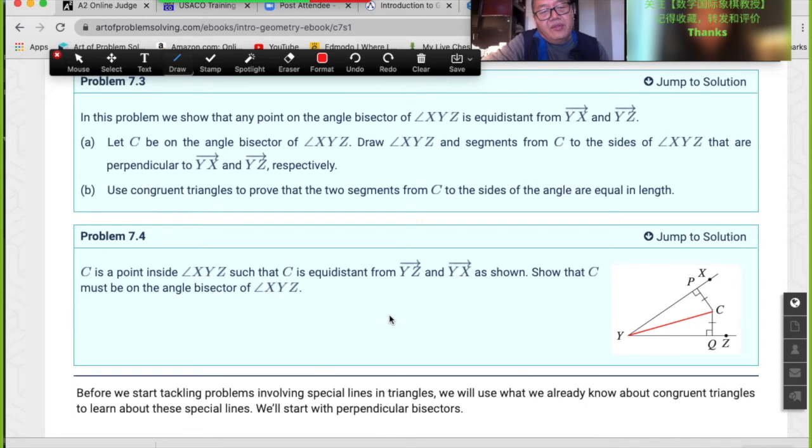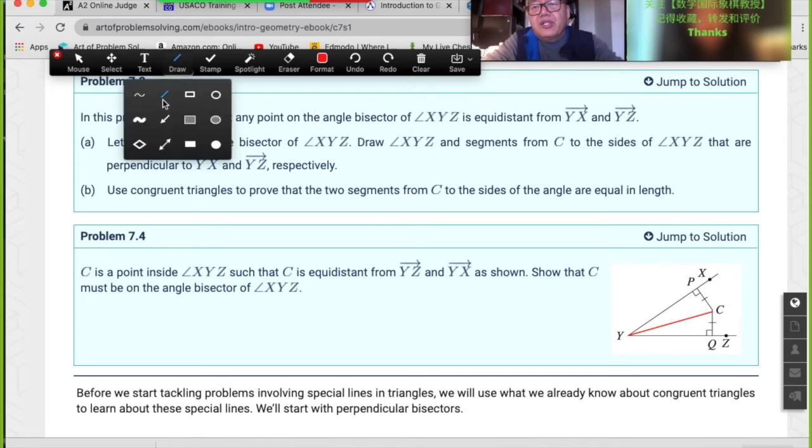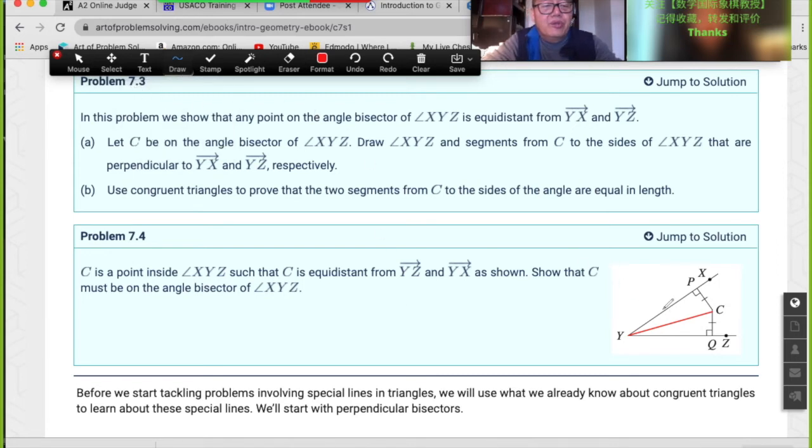CYQ and PCY. Right. So which theorem can you use to prove these two triangles are congruent? SAS. SAS. Why SAS? Because both triangles share a side YC. Yeah. And PC and CQ are the same.